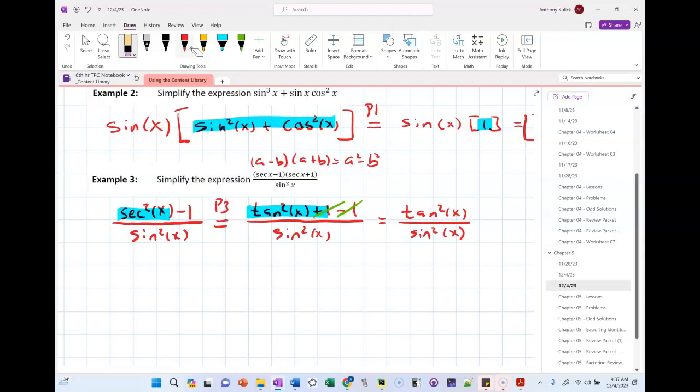Identities. So let's take a look at our identities and see if there's anything I can use on tan or on sine that involves the other one, right? So what I'm looking for is an identity for tangent that might have a sine in it, or an identity for sine that might have a tangent in it. Because I'm hoping that those 2 things might cancel out somehow.